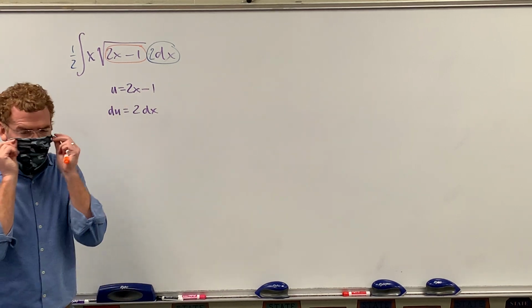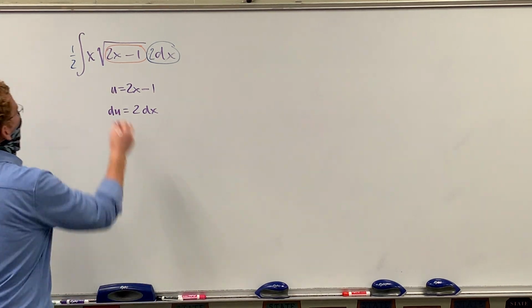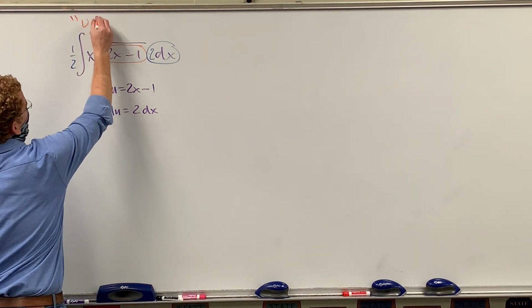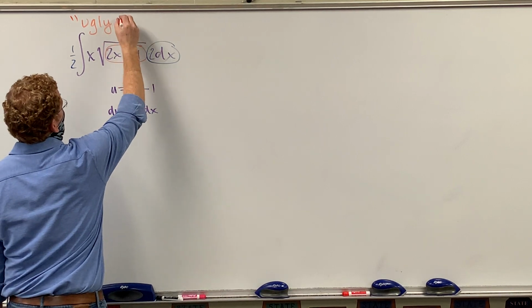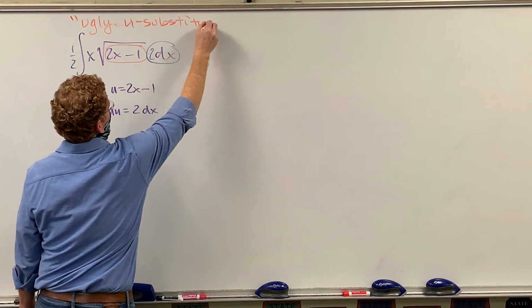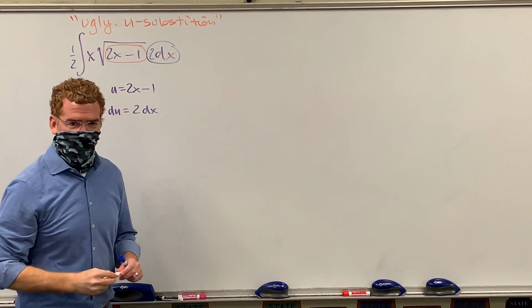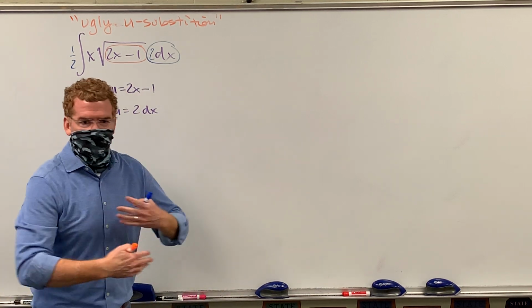We call this process u substitution. It's just an uglier, well, I'll just say an ugly u substitution. My words, because textbooks don't go around saying that's the ugly version. All right? But it's just an uglier version.